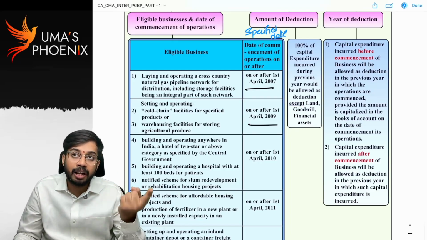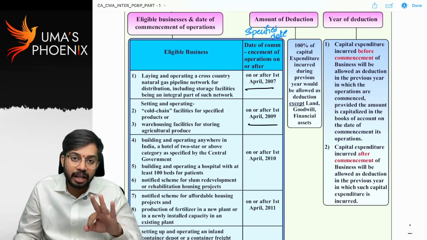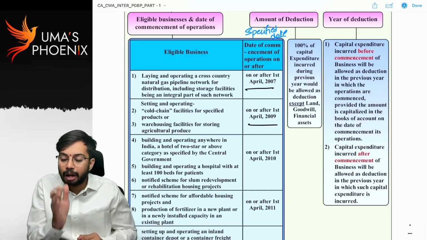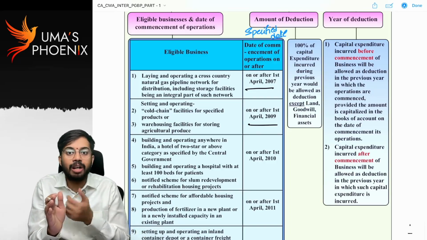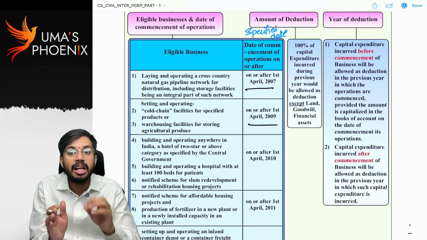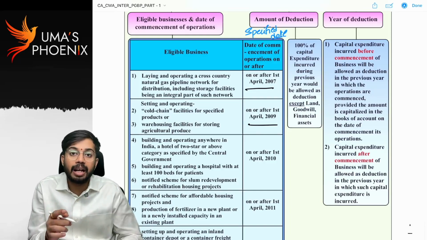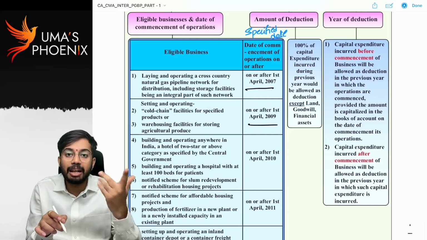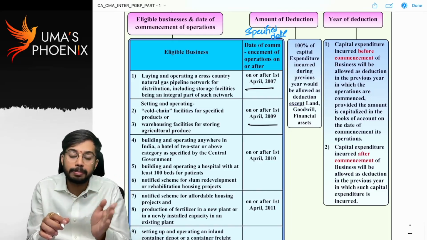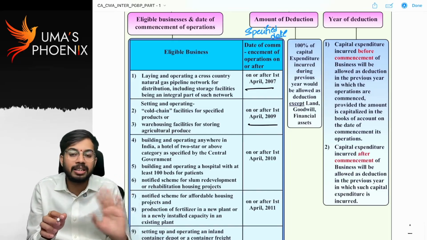In scientific research case, only 3 years time limit is there. From date of commencement, last 3 years, whatever the scientific research expenditure is there, that is allowed as deduction. But in case of specified business, 3 years time limit is not applicable. Before commencement of specified business, no 3 years time limit.